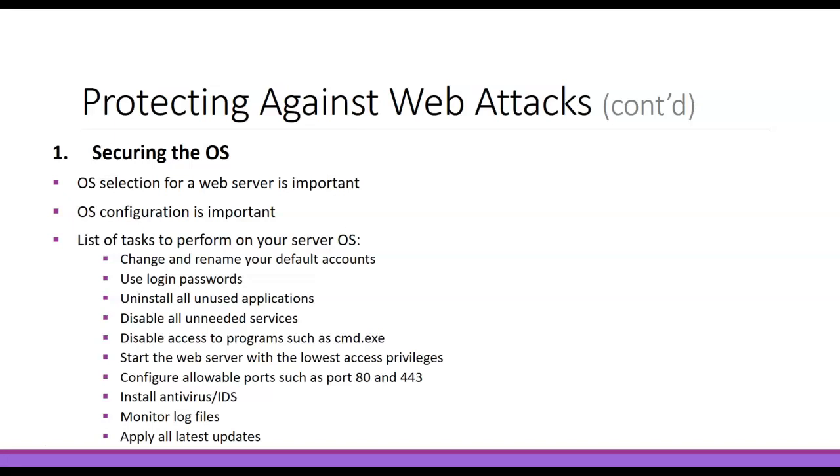Which web server are you using? Is it IIS or Apache? So you have to search which one is more secure and use it. Operating system configuration is also important. The configuration of the operating system, the settings. Here is a list of tasks to perform on your server operating system.